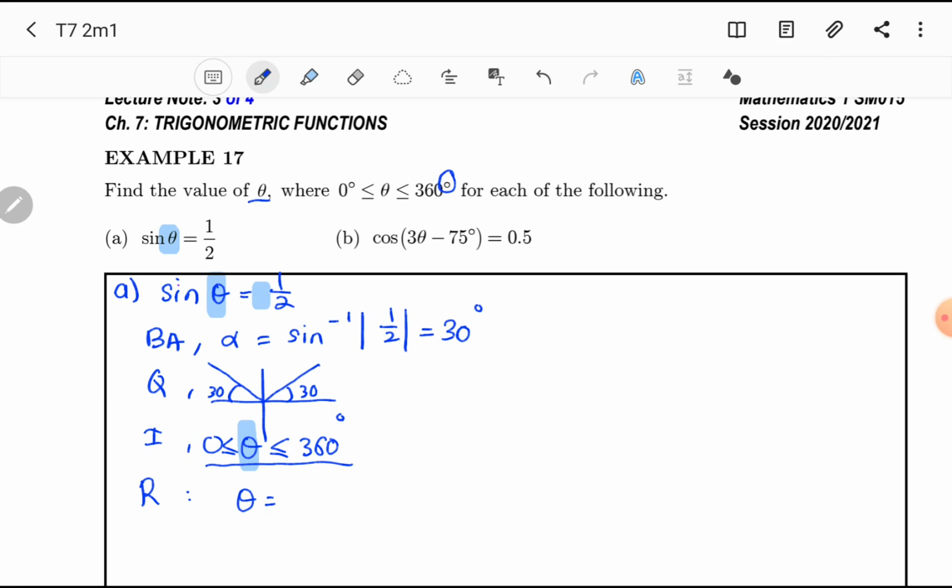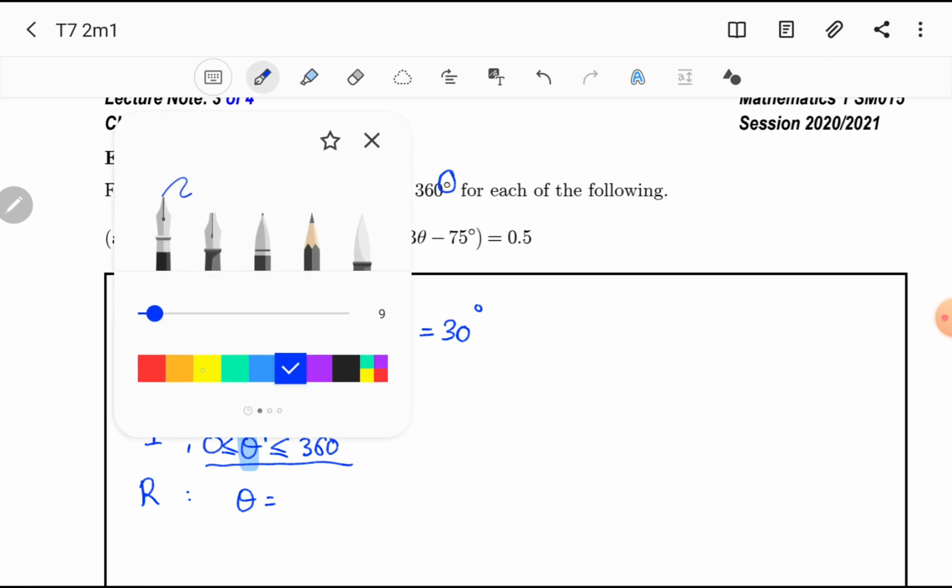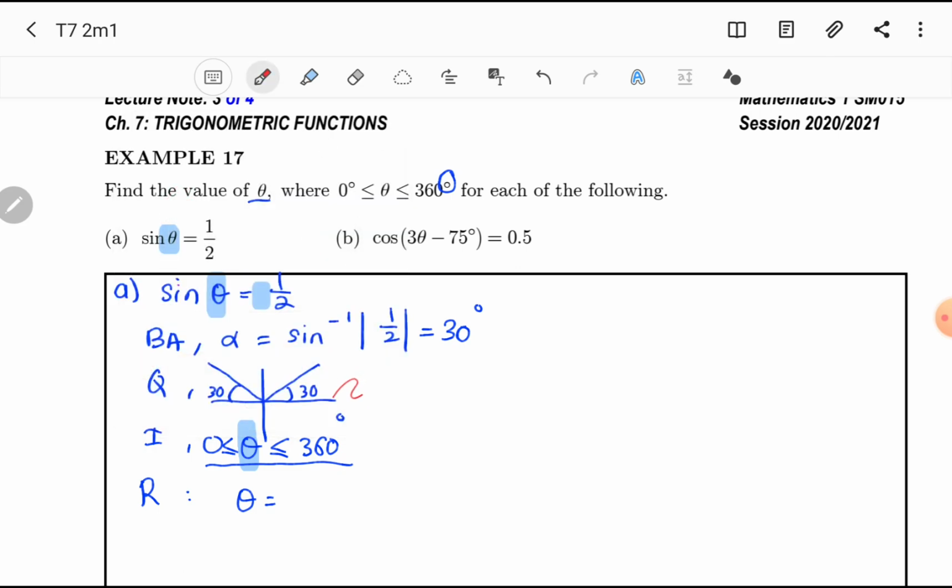For rotation here, we will find theta, the question. We look back at our quadrants. We start here from the positive x-axis and go up until we meet the pole of the first quadrant and second quadrant, so we stop. We have 30 degrees. Next, start again, rotate until you hit the second quadrant. Stop. What is the number?